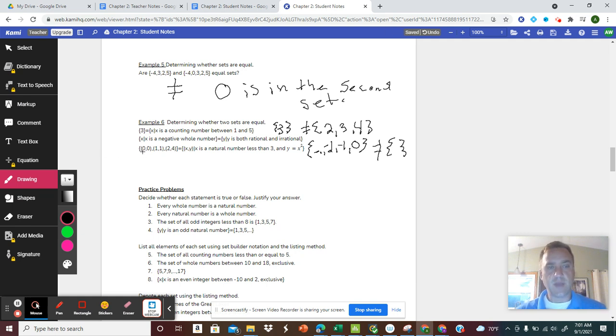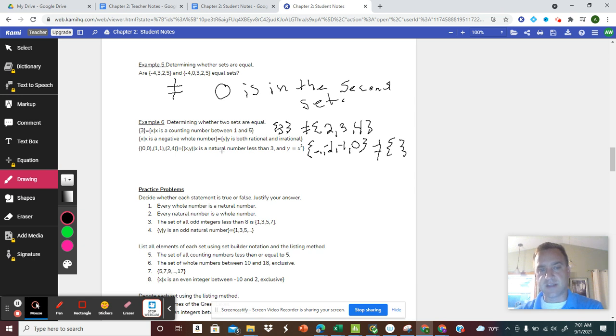Here we have the set of (0, 0), (1, 1), and (2, 4), and the set of (x, y) where x is a natural number less than 3 and y is x squared. So I'm looking at natural numbers less than 3, and I'm just going to list the x numbers in the domain.